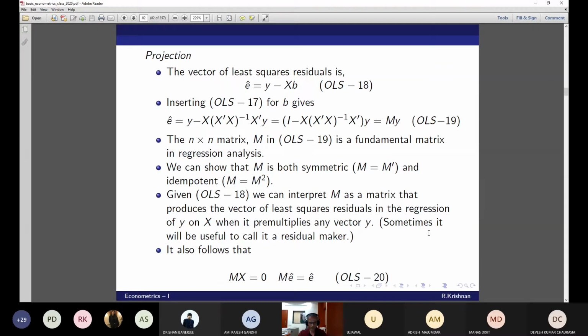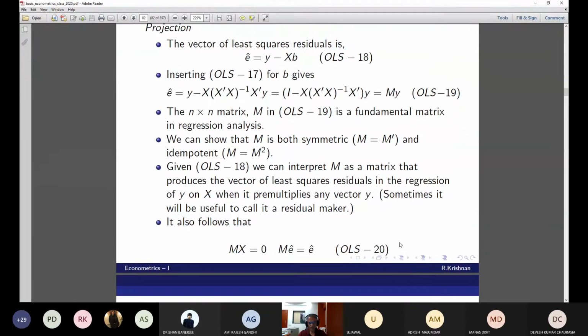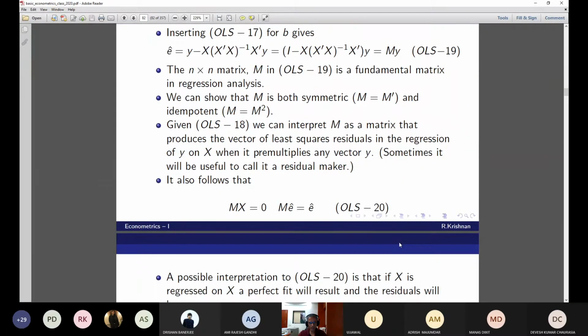Sometimes it will be useful to call it a residual maker. You can quickly check that MX equals 0 and M e hat equals e hat.